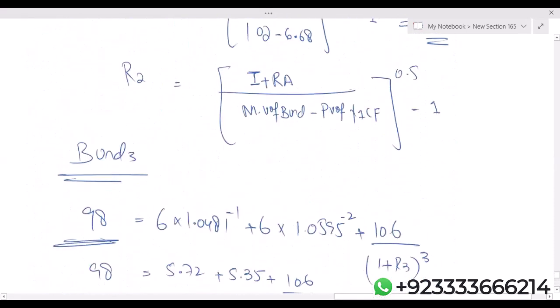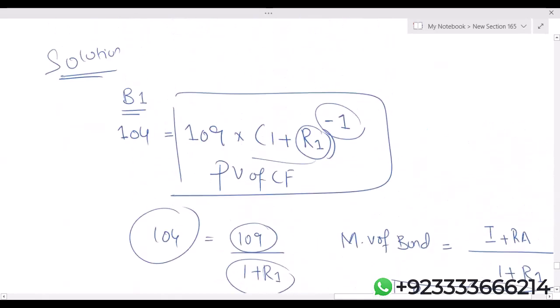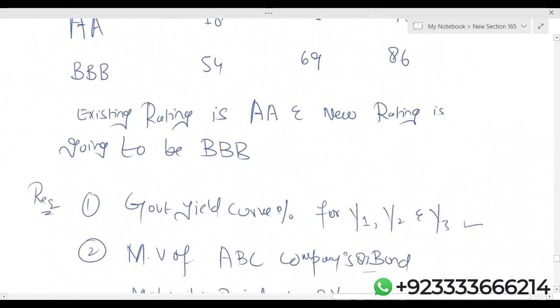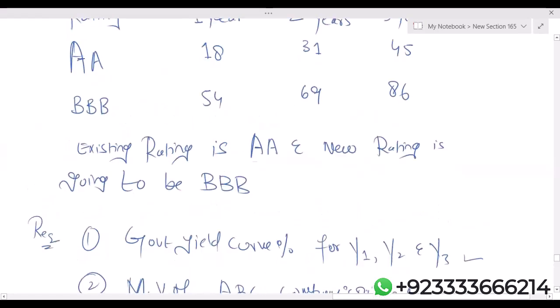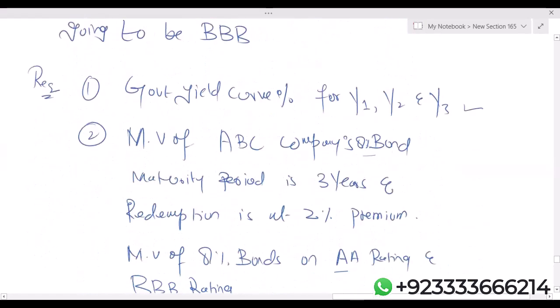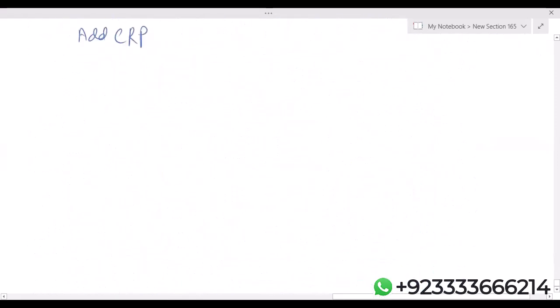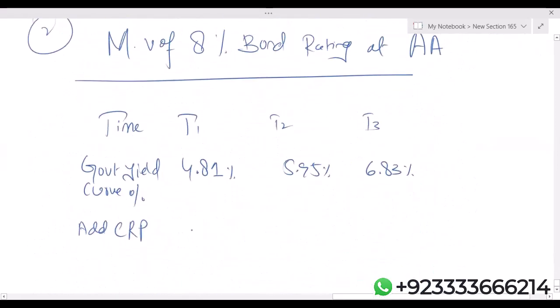At AA, the CRP is 18, 31 and 45. 18 means 0.18%, 31 means 0.31%, 45 means 0.45%.